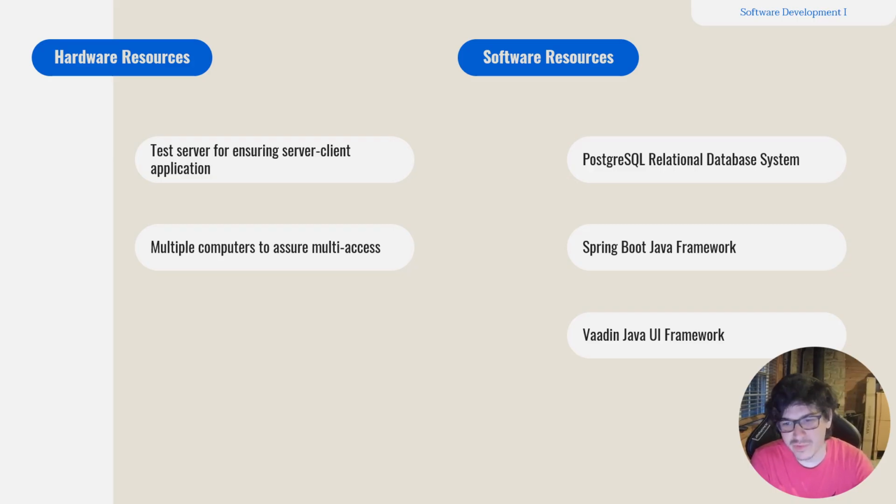The Spring Boot Java framework is the recommended solution for backend development using Java. The Vaadin Java UI framework is also generally recommended for developing the UI. So those would be good choices.